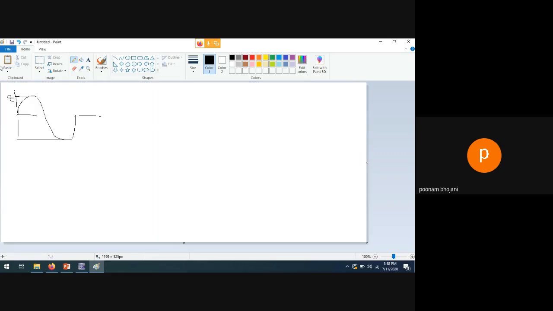Okay. So now let me tell you, before showing it in the CRO, let me tell you what will happen. Let's say this is 2 volt signal. This is 4 volt signal.